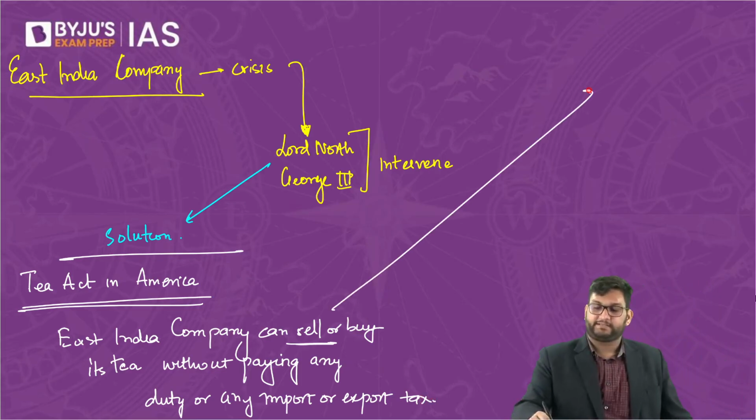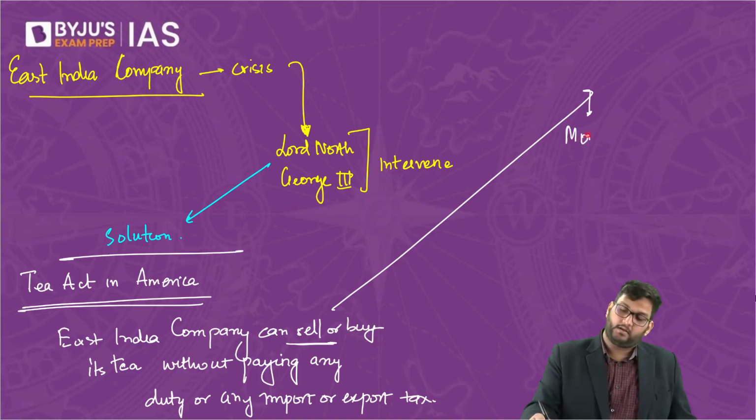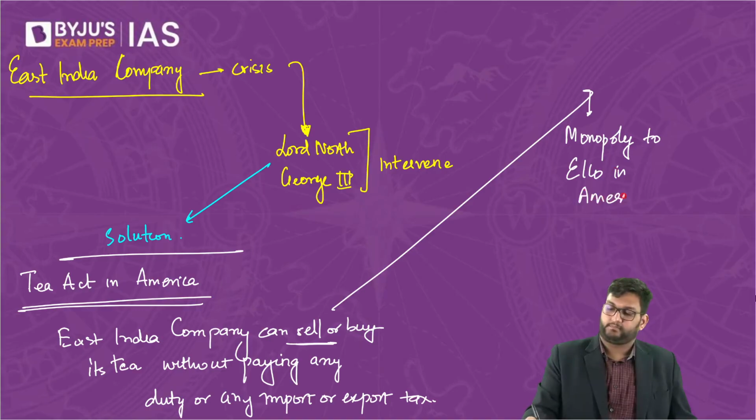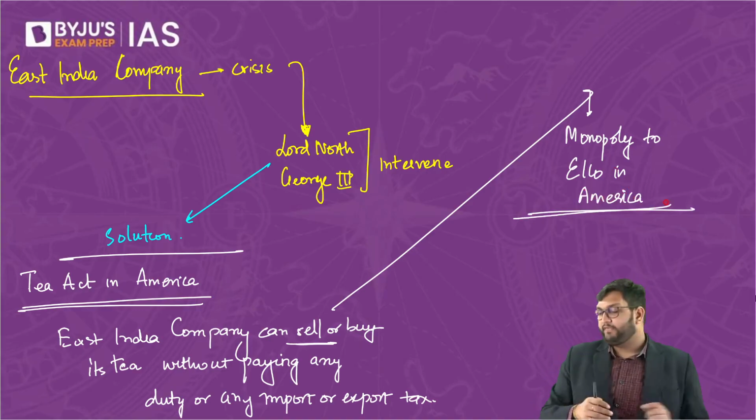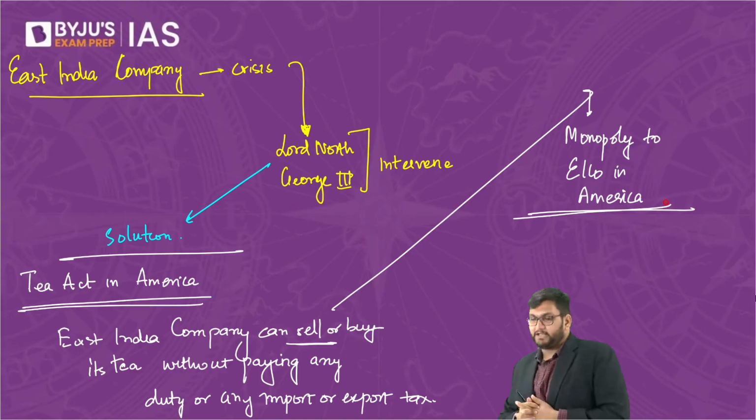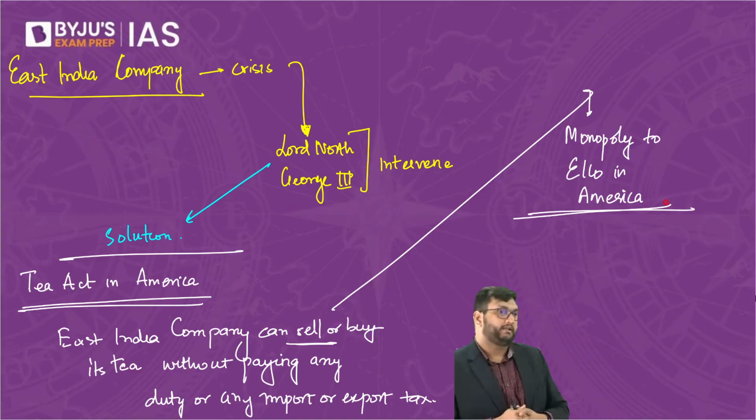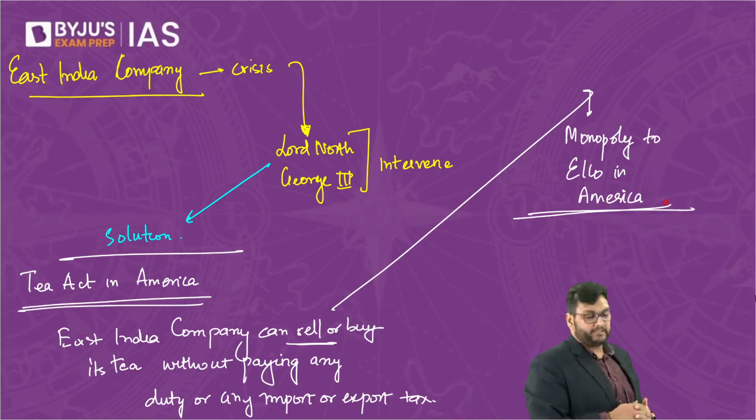This is basically giving a monopoly to East India Company in America. Now, if I'm an American seller, if I'm a smuggler, can I now compete with the East India Company?